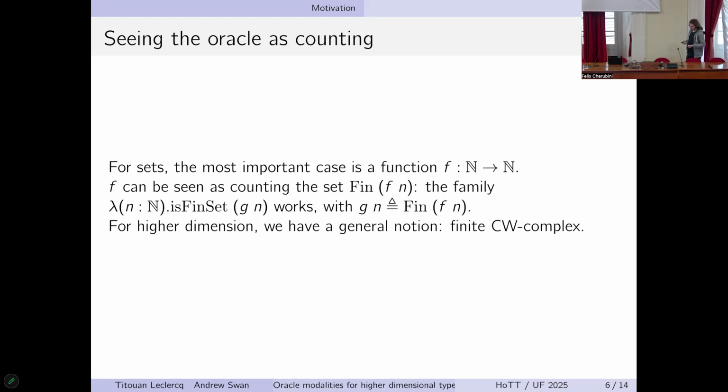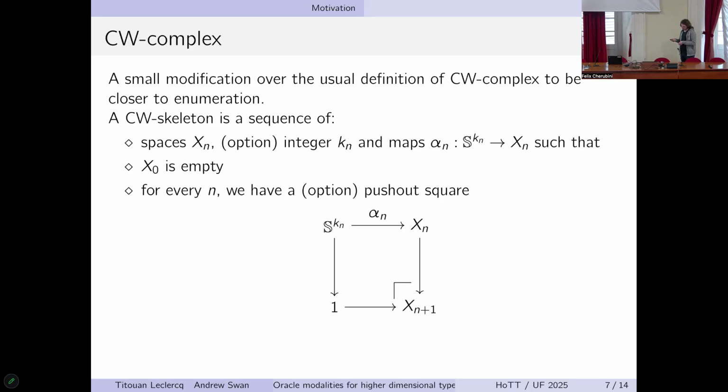It seems kind of useless like this, but we can generalize this idea of taking the cardinality, because being a finite set can be seen as a particular case of being a finite CW complex. CW complexes are kind of the basic internal construction of higher inductive types.